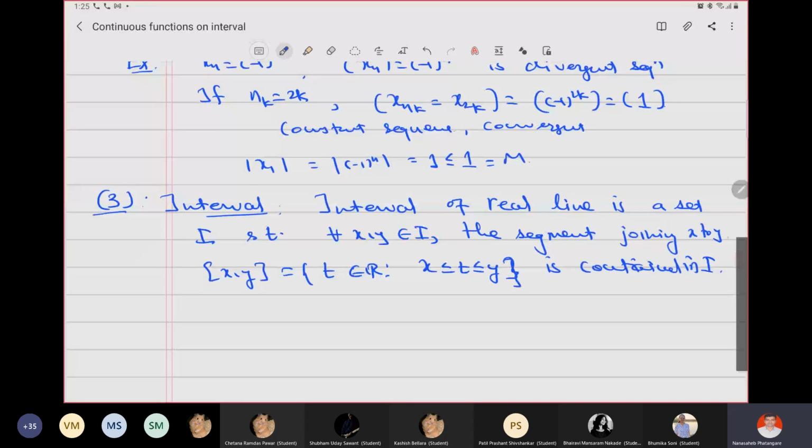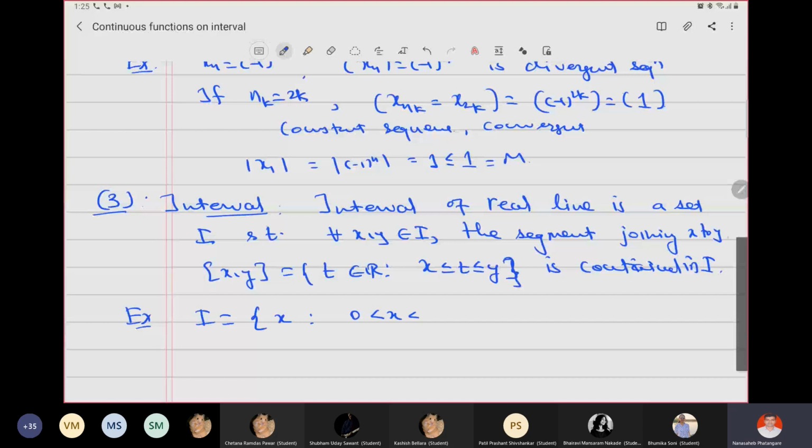Which set is called an interval? That means you choose any 2 points in that set, right? For example, if I take I equal to the set of x such that 0 less than x less than 1, is it an interval? Yes, sir.